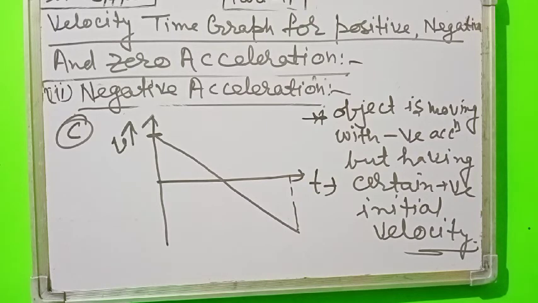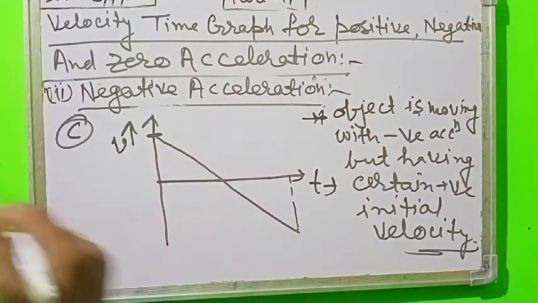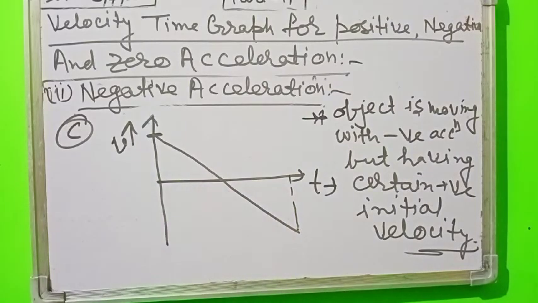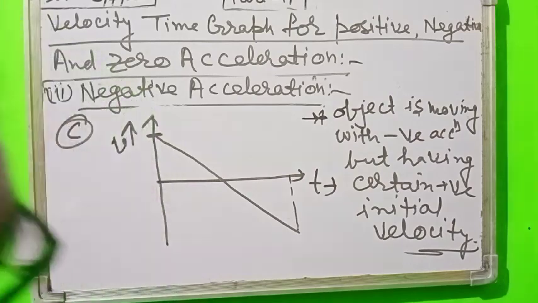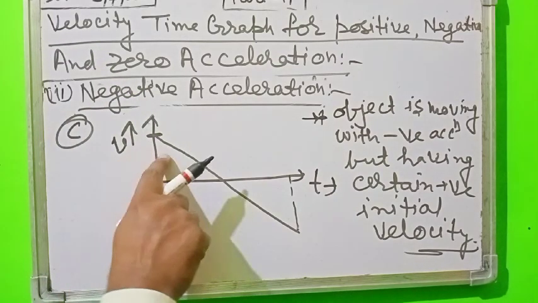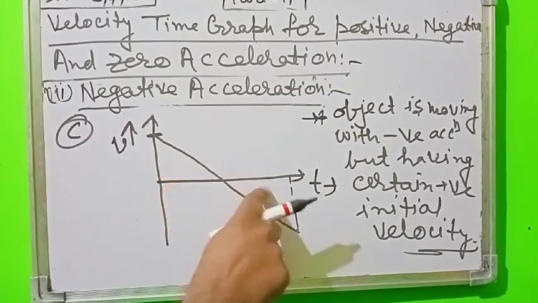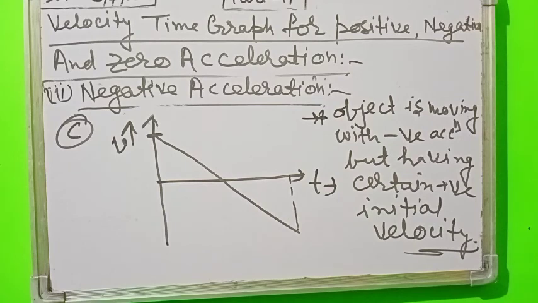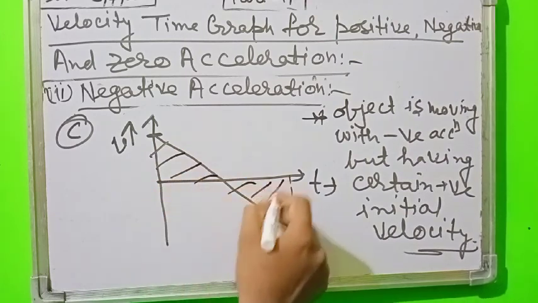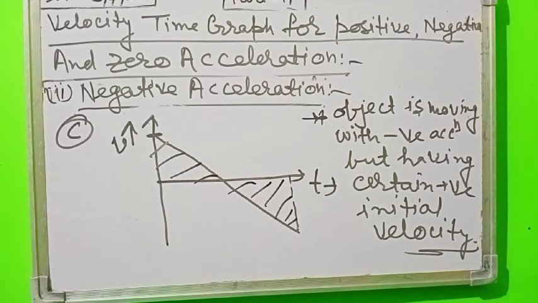Now, one thing I want to make clear, the area under the velocity time graph gives displacement. If this is the velocity time graph, and it is asked in the question to find the distance or displacement covered by the body while traveling this motion, then you have to find the area of the graph.